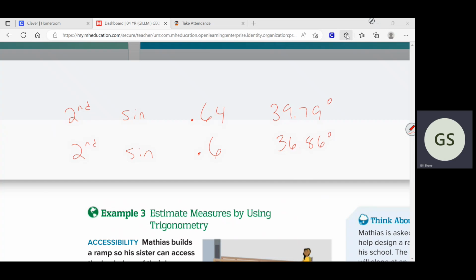All right. What's that? I don't know. Is it not sharpening? Oh, yeah. Can you sharpen my pencil? You can come up here.